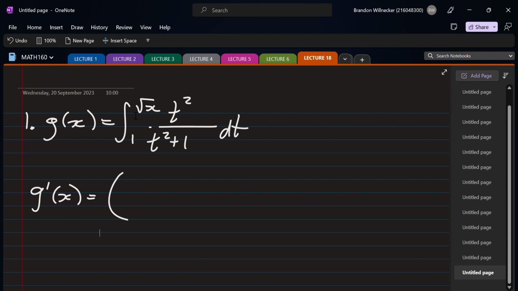So we're going to have root x squared, so that will be x. Again, root x squared, that will be x plus 1. And then we need to multiply by the derivative of the top part, so that will be 1 over 2 root x. Okay, so this is the short way of doing things.